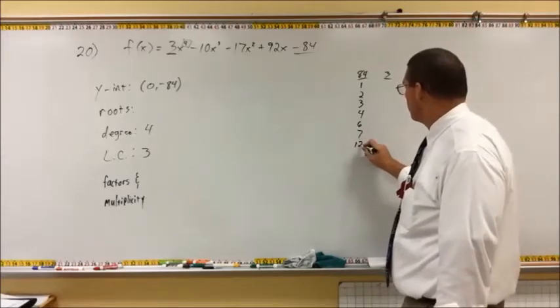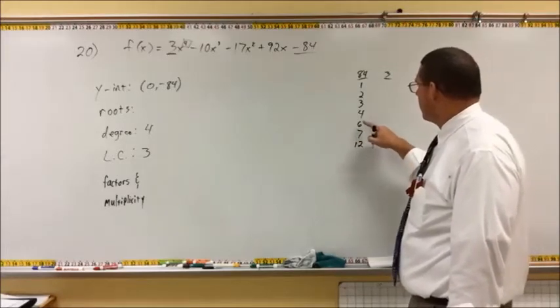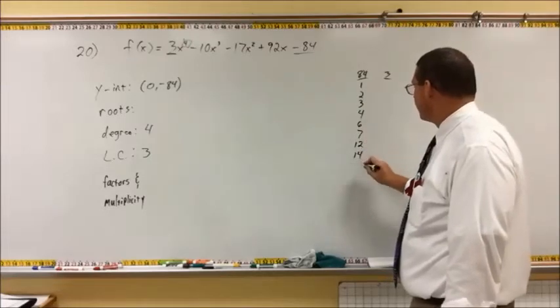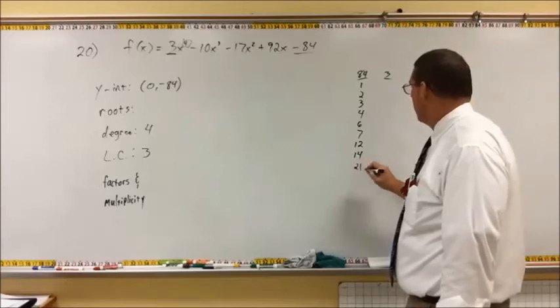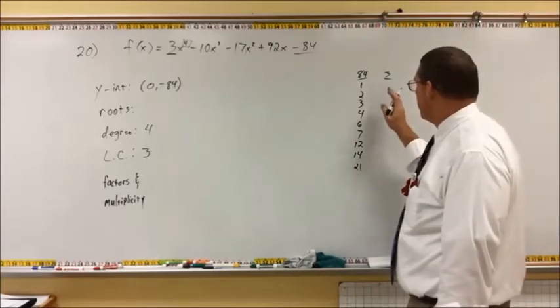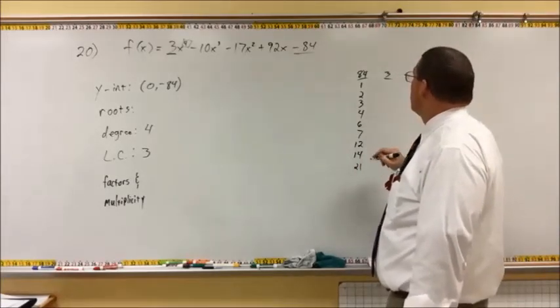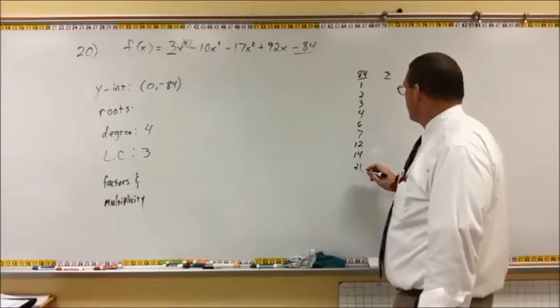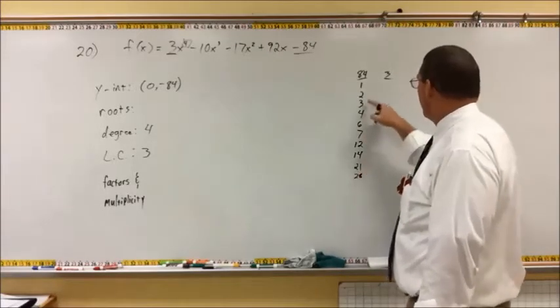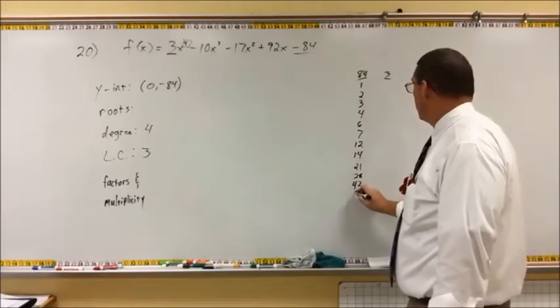So 12 and 7, and then 6 and 14, and then 4 and 21, and then 3 and 28, and then 2 and 42, and 1 and 84.